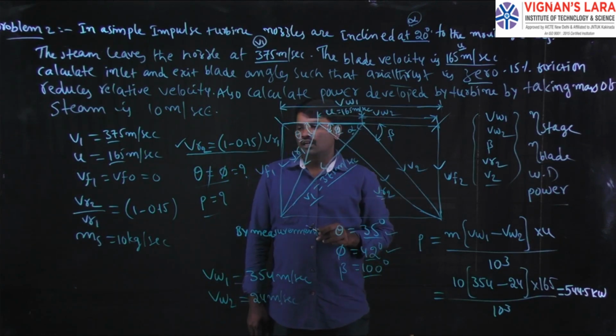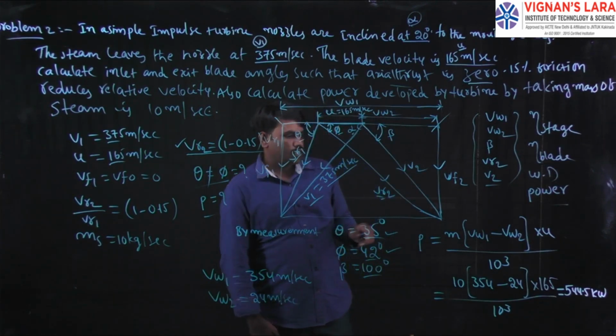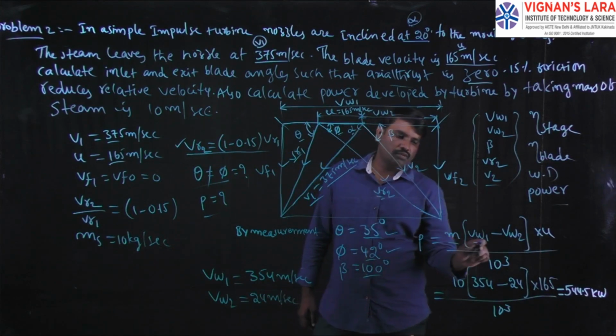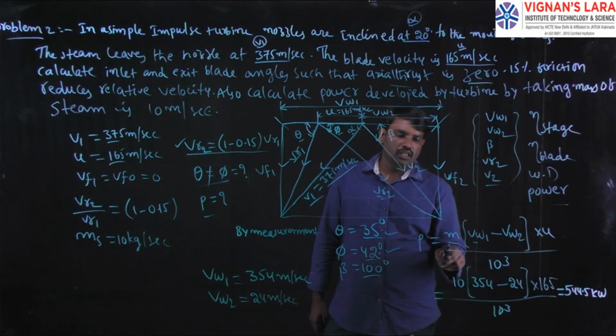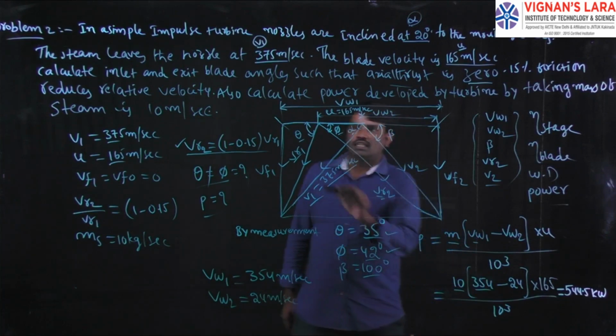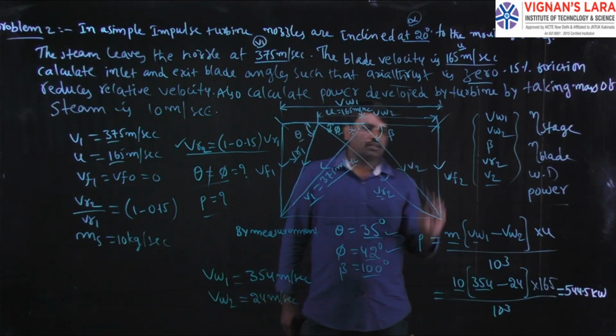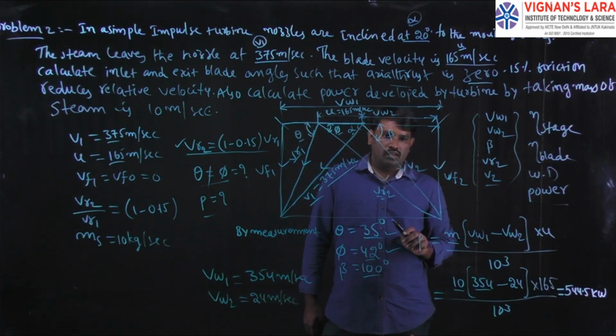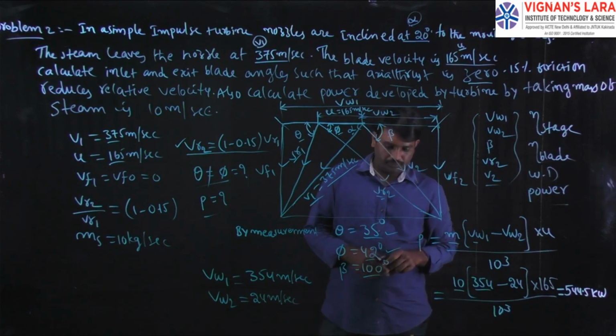Later, power developed by the turbine is mass flow rate of steam times (VW1 minus VW2). The mass flow rate is given as 10 kilograms per second, and VW1 is 354, from the combined velocity triangle.